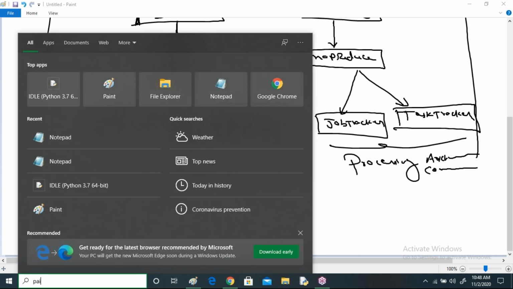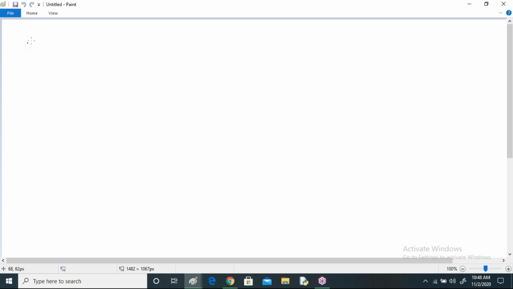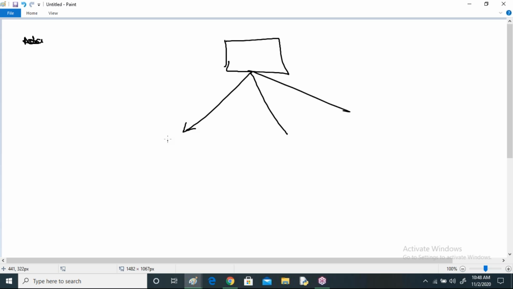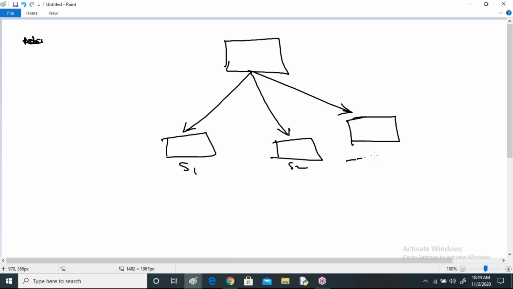Observe. Name node. Hadoop follows master and slave architecture: a single master and multiple slaves, S1, S2, and so on up to Sn.